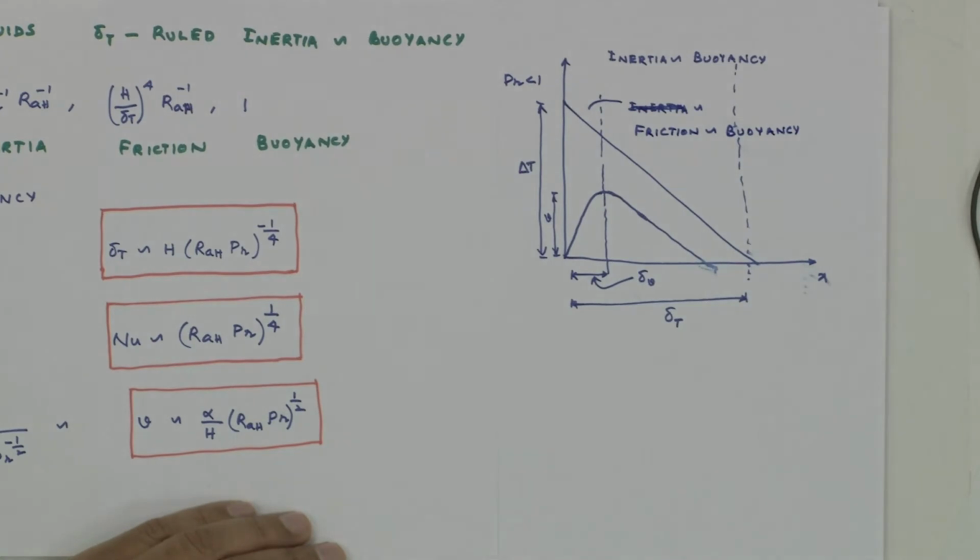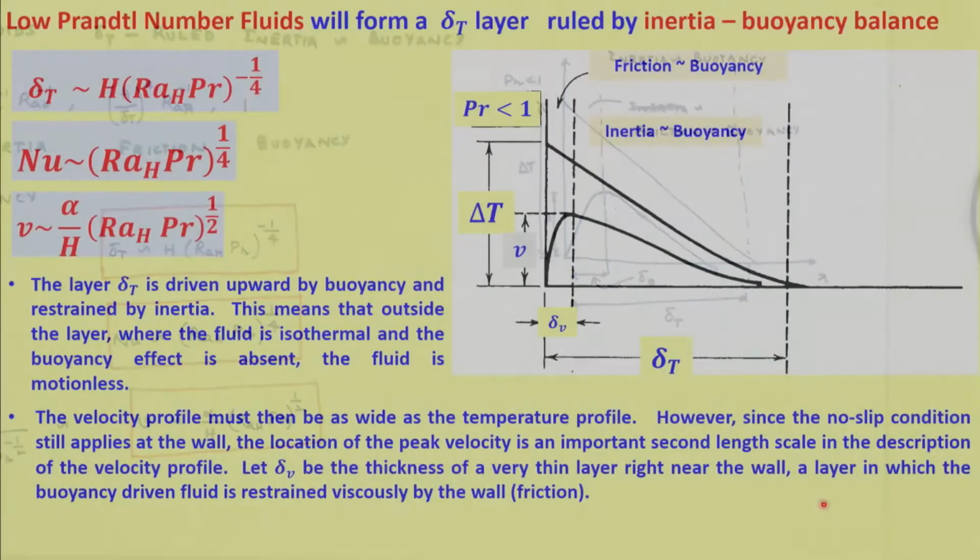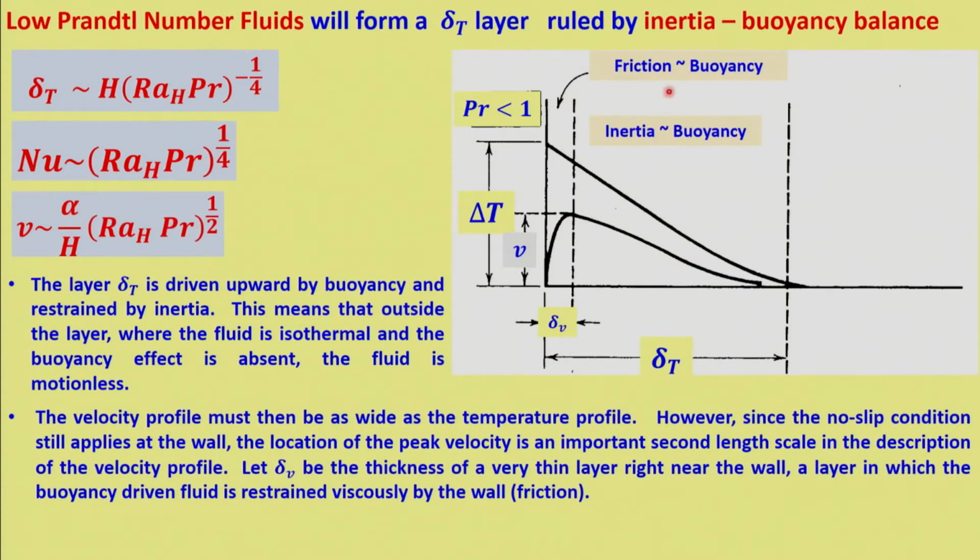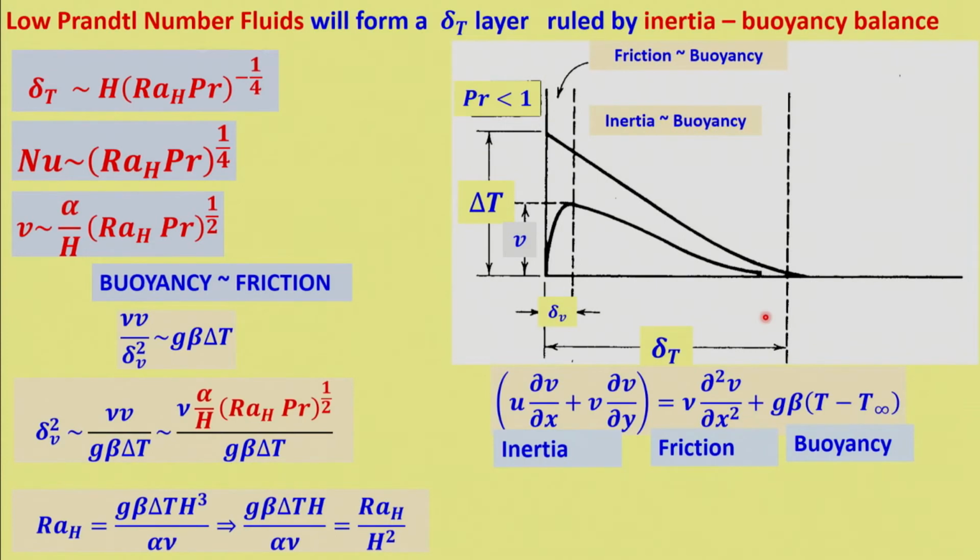Just let me recall: the velocity profile must be as wide as the temperature profile, and delta v is the thickness of a thin layer right near the wall. In this domain, the fluid has picked up velocity by virtue of buoyancy. So in this region there is a lot of friction, and the buoyancy has to work against that friction. So that is the reason buoyancy is balanced by the friction.